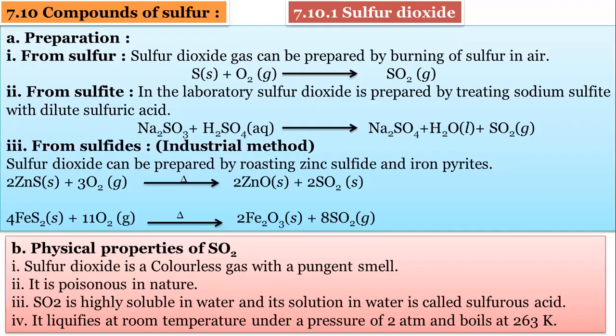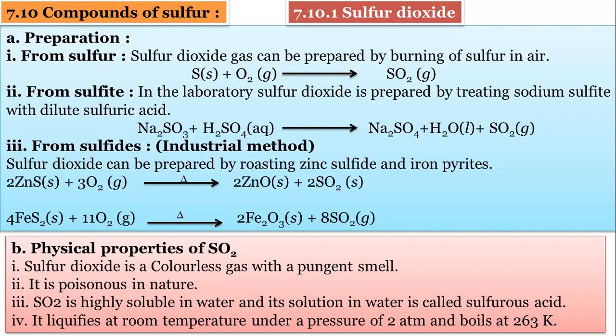Then the next part is compounds of sulfur. And I want to remind you of one thing: oxygen and compounds of oxygen, this part is deleted. So I request you to open your textbook. In the textbook, page number 148, oxygen and compounds of oxygen, is deleted.